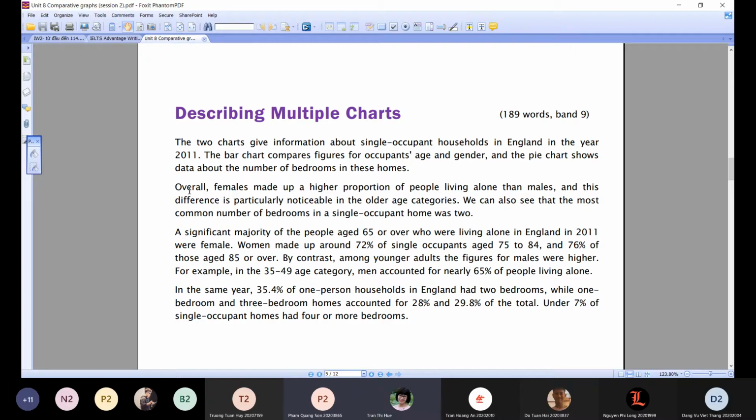Yeah, the second paragraph is overall. Do we say overall? That's the first word in the overview paragraph. Okay, we say overview, right? And how many sentences are there in this paragraph? There are two sentences. What is the first sentence about?